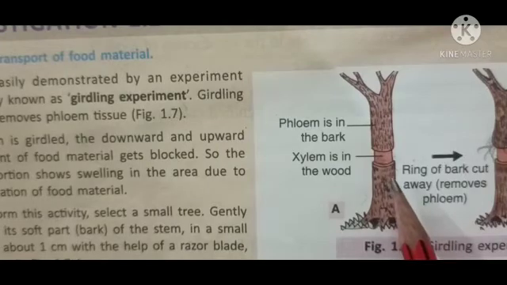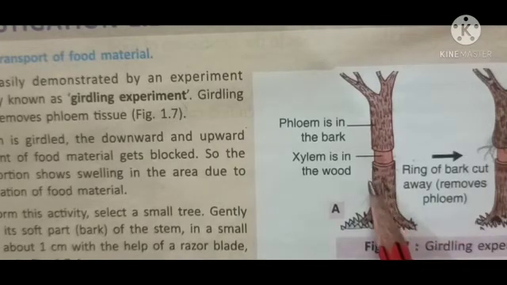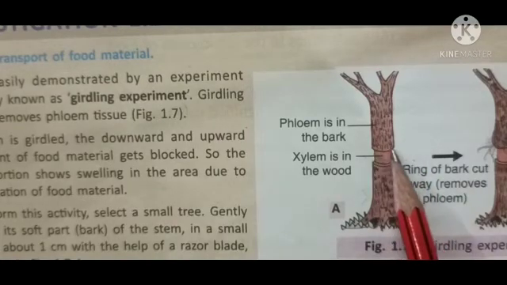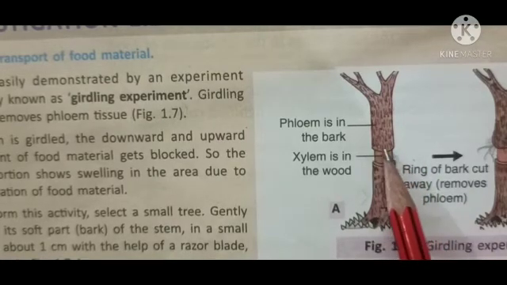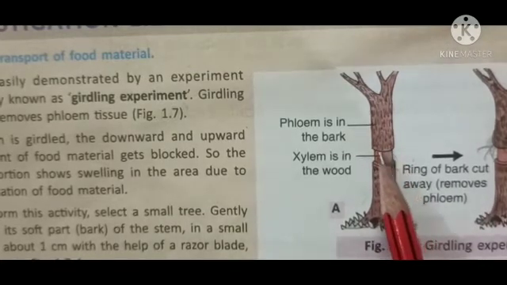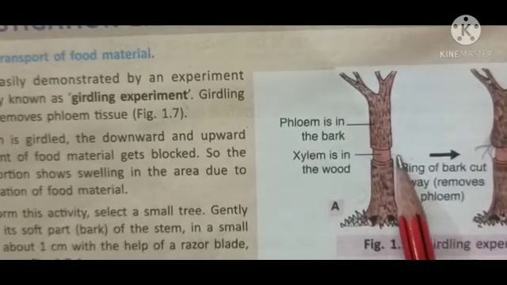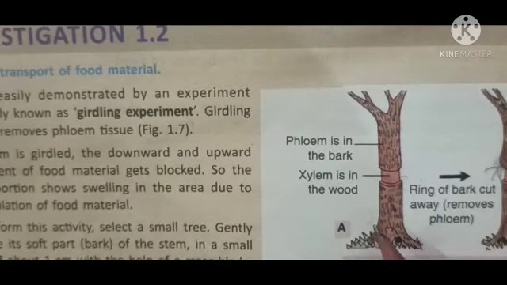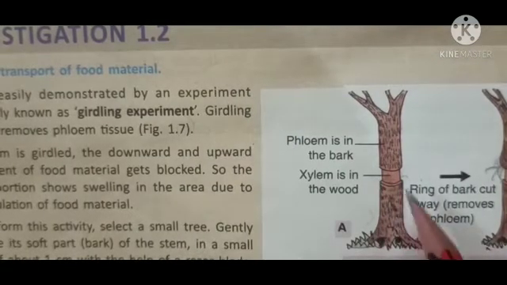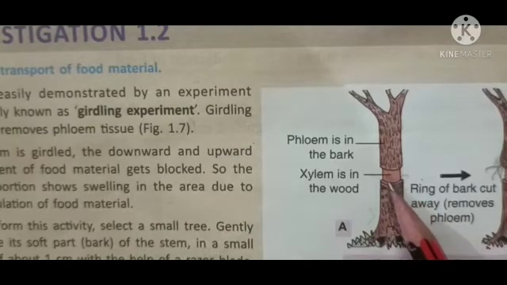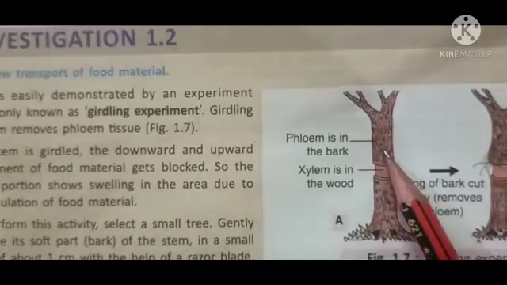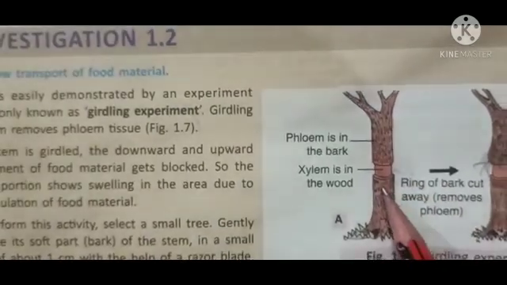You take a small plant, and then gently remove its soft part, that is the bark of the stem, in a small area of about 1 centimeter with the help of a razor blade. Right? Now leave it after girdling for a week, and then observe what happens to the portion of stem above and below the girdled area.